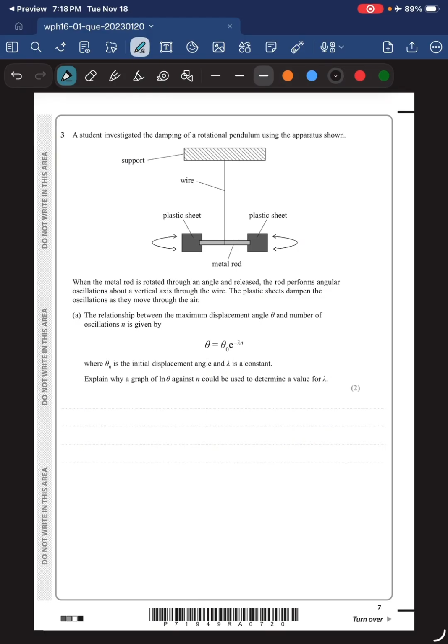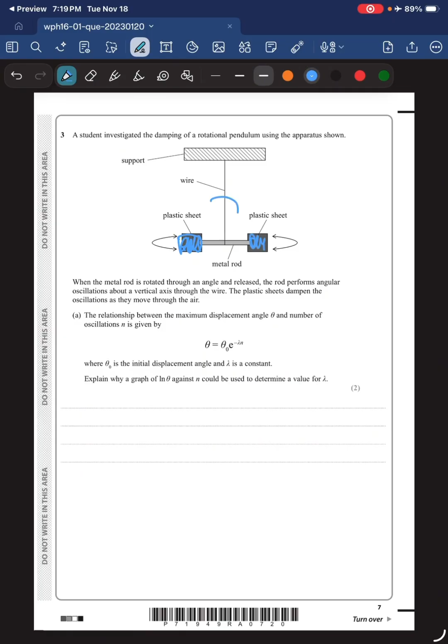So this is the apparatus. So I'm over here now. When the metal rod is rotated through an angle and released, the rod performs angular oscillations about the vertical axis through the wire. Okay, the plastic sheets dampen the oscillations as they move through the air. So these are the plastic sheets, this and that.